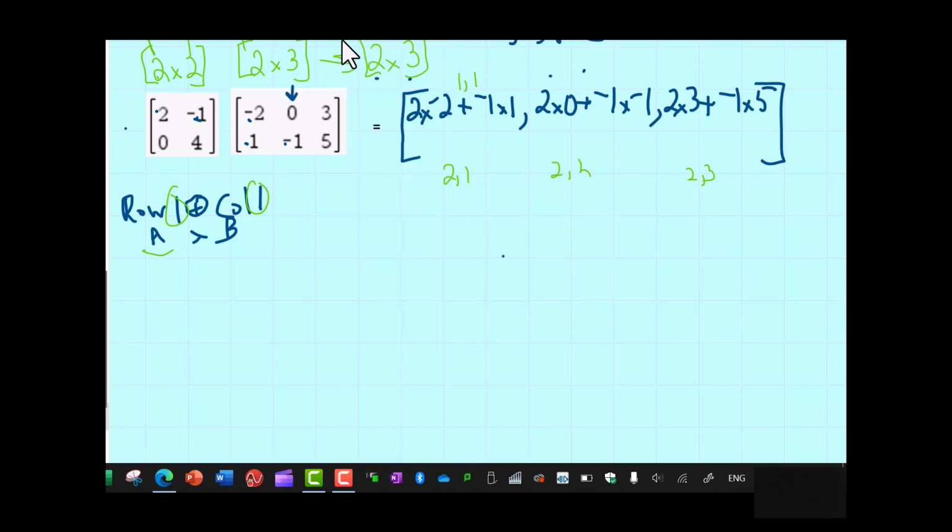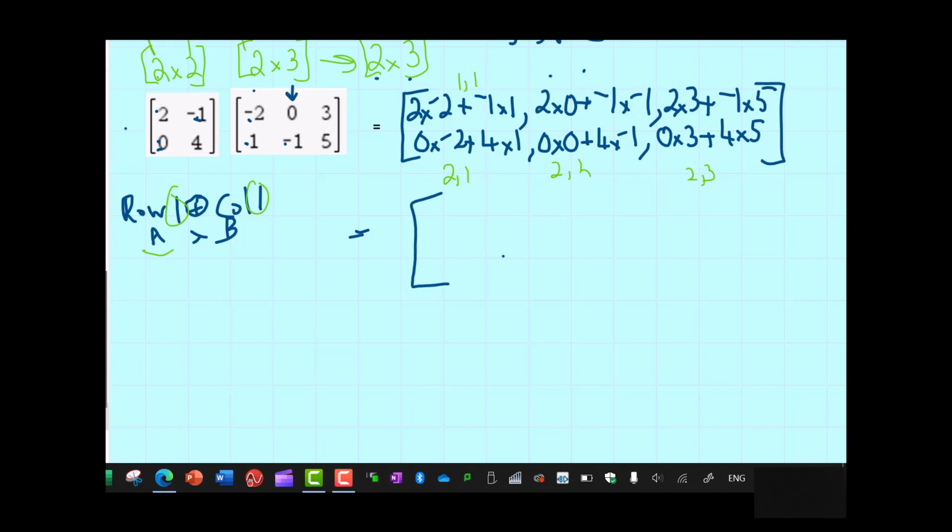So for 2, 1, it will be row 2, column 1: 0 times -2 plus 4 times 1, and 0 times 0 plus 4 times -1, and then 0 times 3 plus 4 times 5, and that finishes it off. All we have to do now is compute that, and we've got our answer.